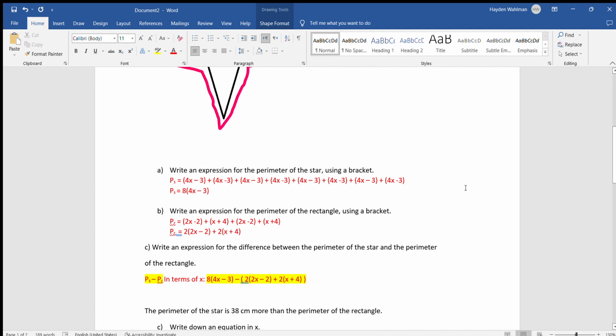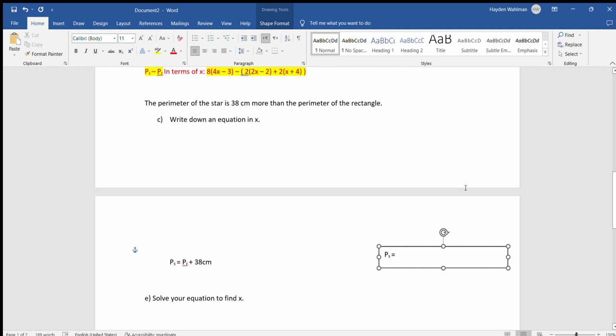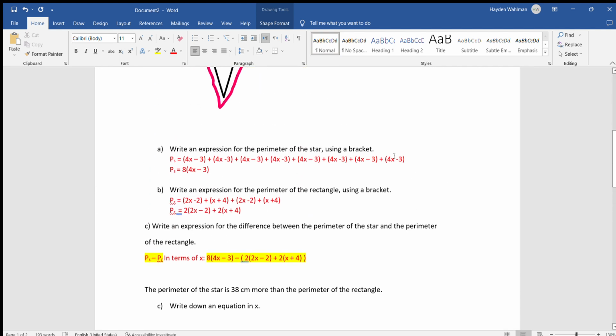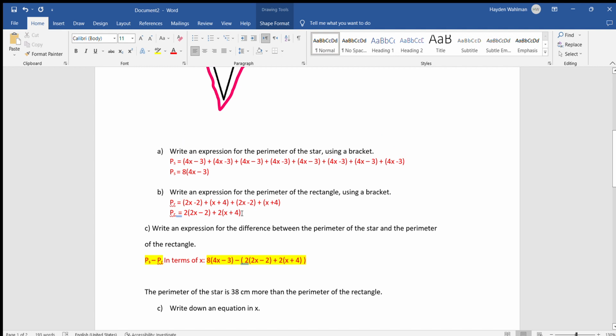It's 8 times 4x minus 3. That's the perimeter of the star. And the perimeter of the rectangle, what is that again? It's here.